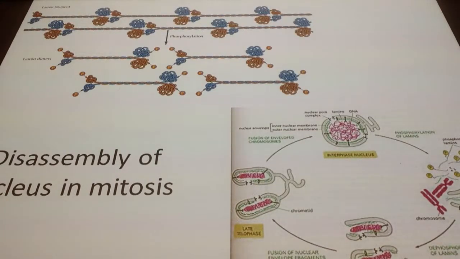The same thing here is that phosphorylating lamin is a signal to tell the cell to undergo disassembly of the intermediate filaments, but also to not undergo polymerization by phosphorylating free lamin as well.